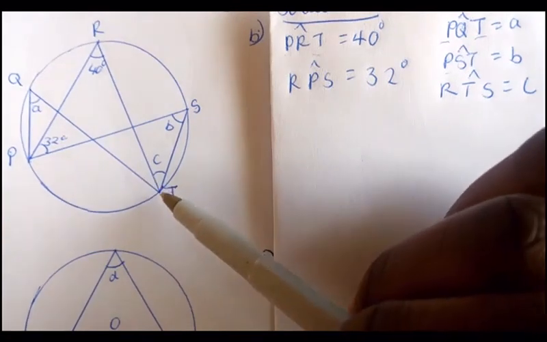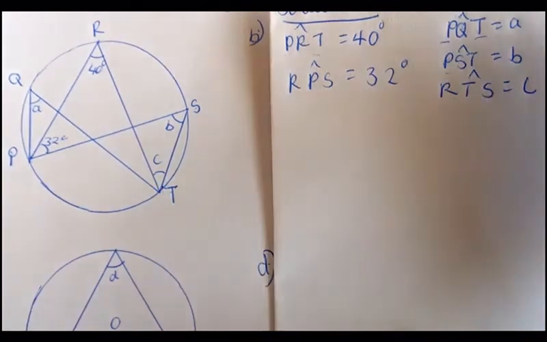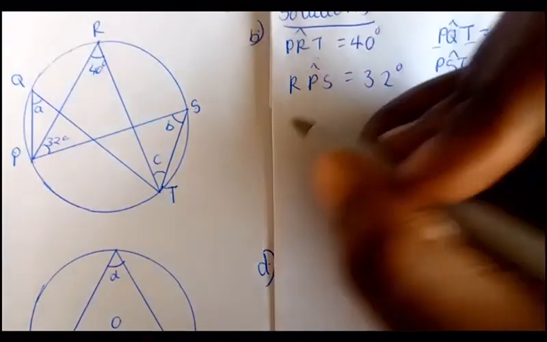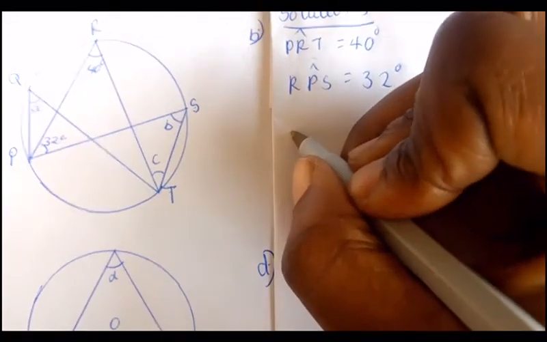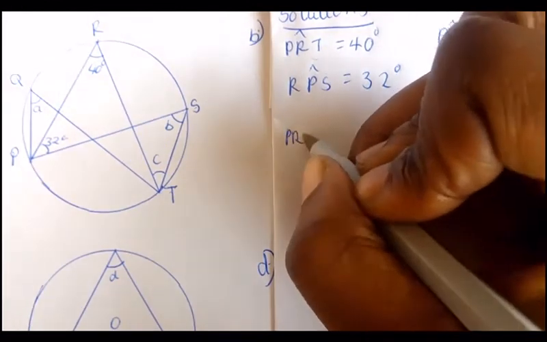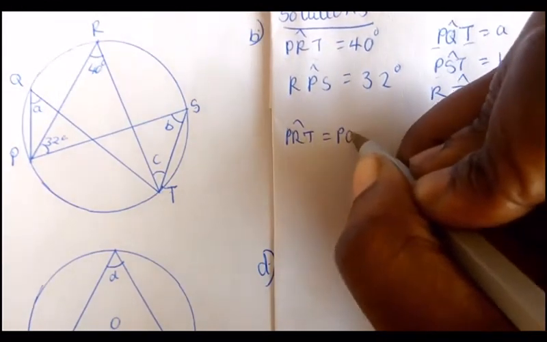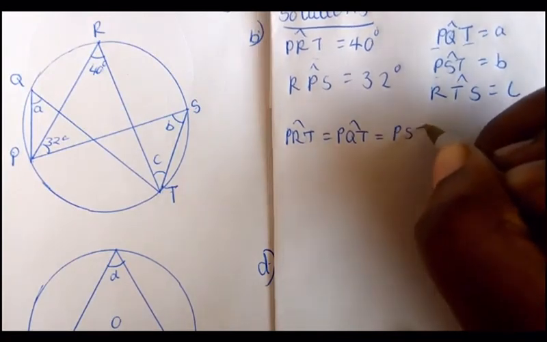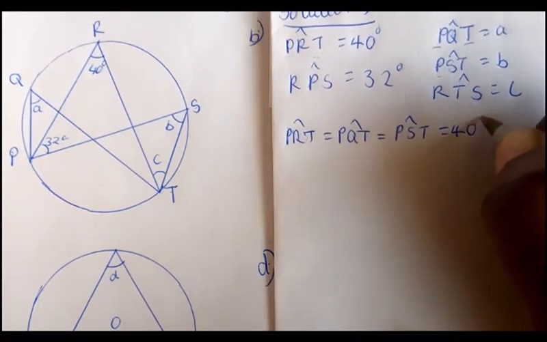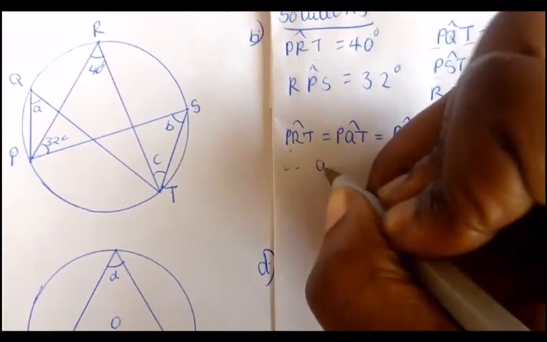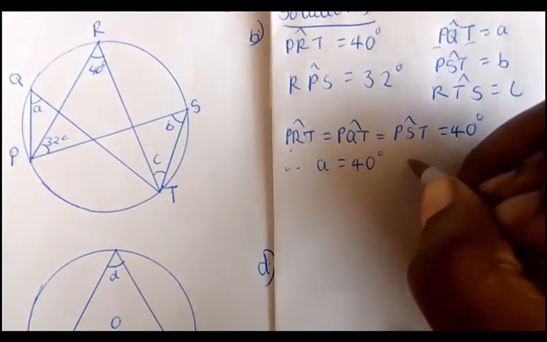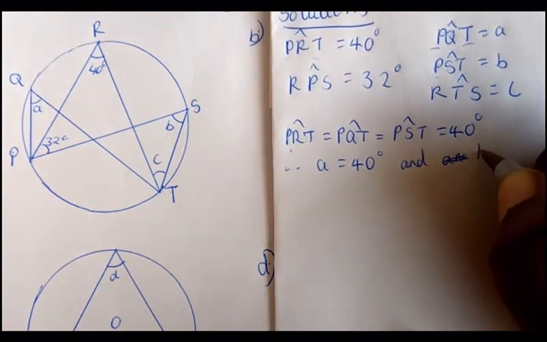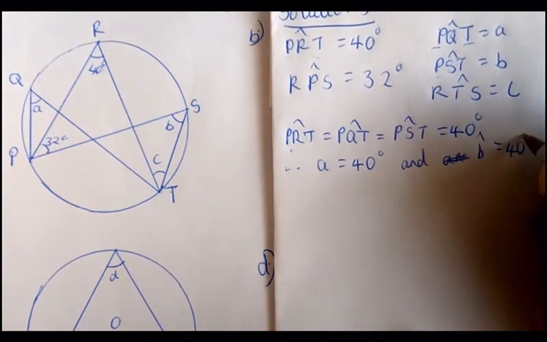So these angles are equal because they are subtended by the same arc. Therefore, angle PRT is equal to PQT, which is equal to PST, which is equal to 40 degrees. Therefore, angle A is equal to 40 degrees, and angle B is equal to 40 degrees.